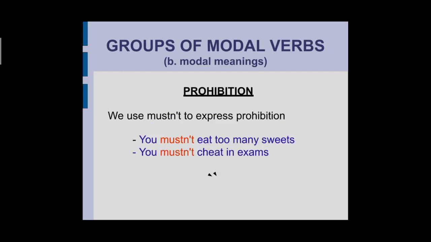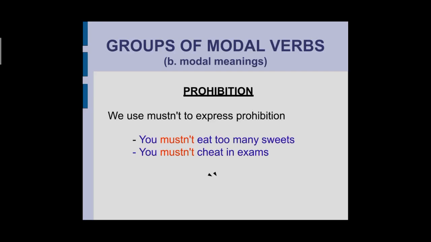Prohibition. Now what prohibition means is stopping someone or not allowing someone to do something. You must not eat too many sweets, or you mustn't cheat in exams. It's must not, or you can also say mustn't, whatever you feel comfortable with. So we'll go with must not. Prohibition.